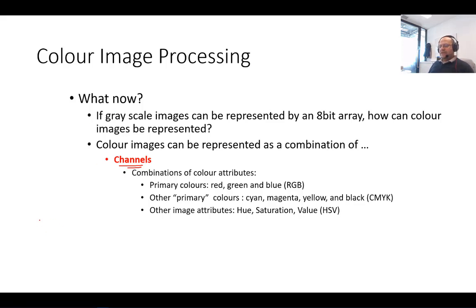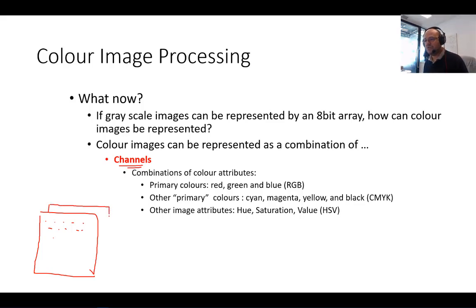Now, I said that an image is nothing more than a matrix with intensities, right? Where each pixel element represents an intensity of a pixel. A color image is still a matrix. Actually, the simplest way of understanding a color image is a combination of three matrices.